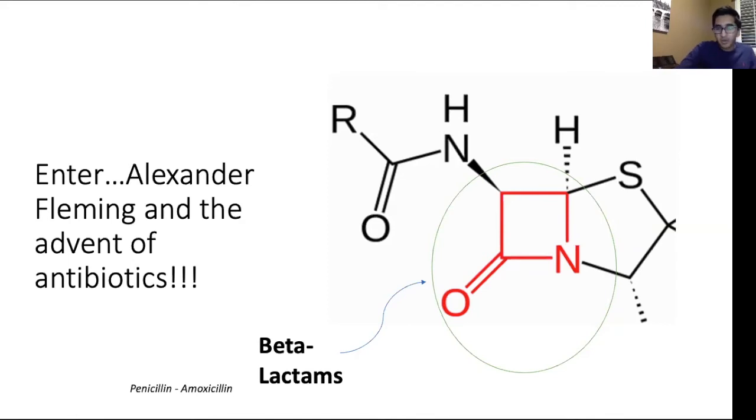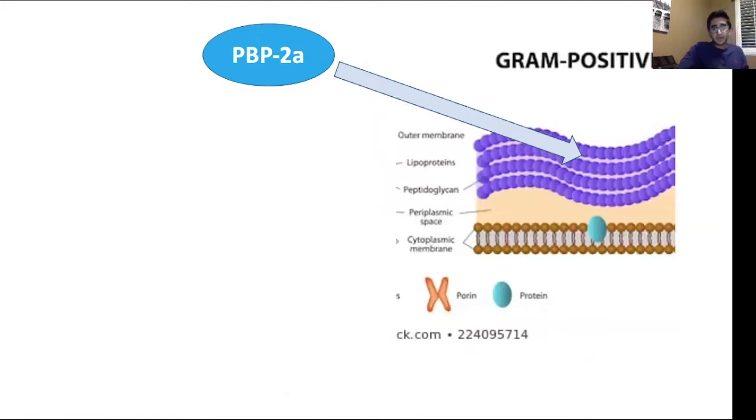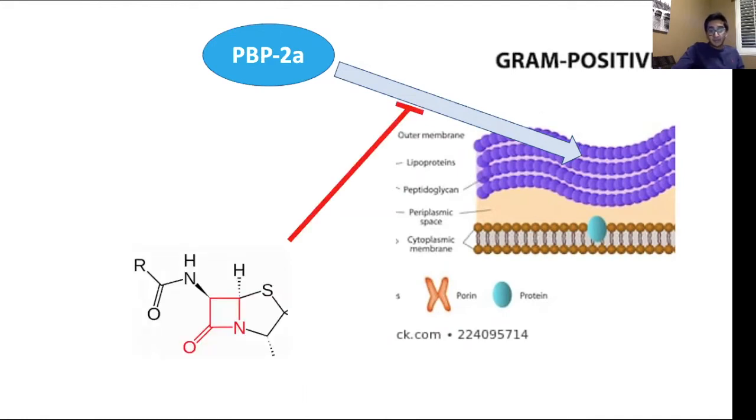And so when patients in the 1940s presented with Staph aureus infections, the clinicians would typically give penicillin. And what penicillin does is that it binds to penicillin binding protein. Oh, wow, I wonder where it got its name from. It's not much of a surprise there, but the penicillin binding protein, which creates the linkage in the peptidoglycan, is inhibited by penicillin.